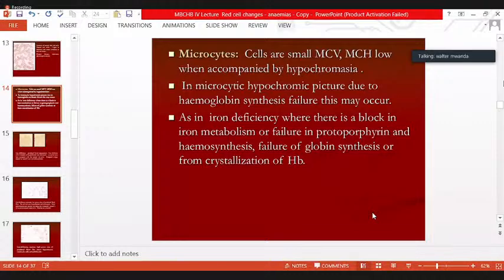But by and large, hemoglobin heme synthesis failure is a major cause of microcytosis. Any cause of failure of globin synthesis or formation of crystals of hemoglobin would result in microcytosis. Of course, common things occur more commonly, so we will demonstrate the commonest causes of microcytosis.